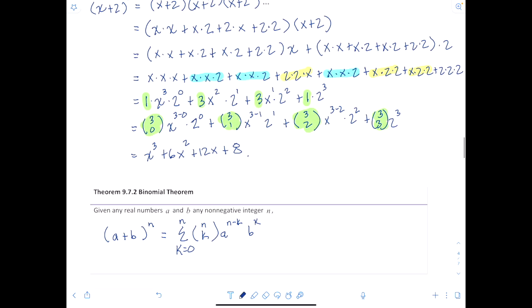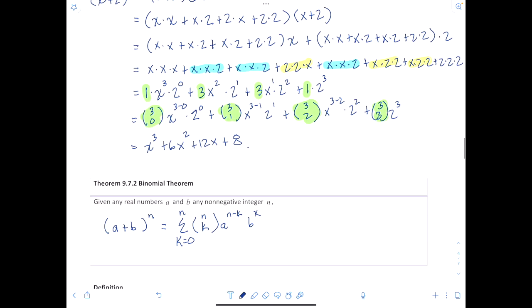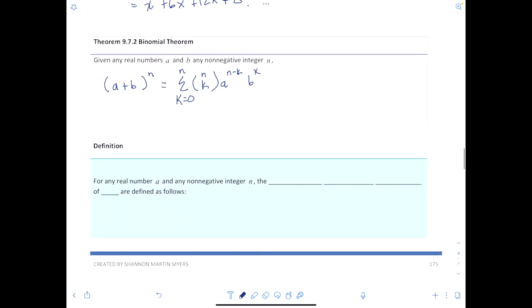But that's just what we did right here, right, with the powers. So one of the powers starts high and goes down to 0. So I should have also, just to line this up nicely, said times x to the 3 minus 3, which is 0. So x to the 0 is 1 times 2 cubed. And then you've got your binomial theorem.